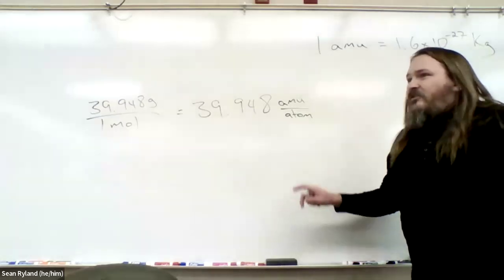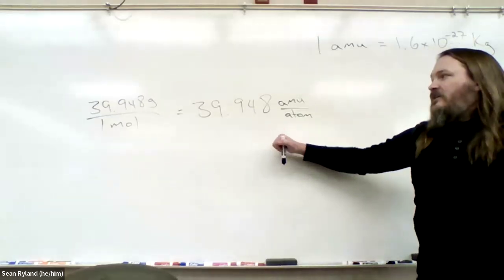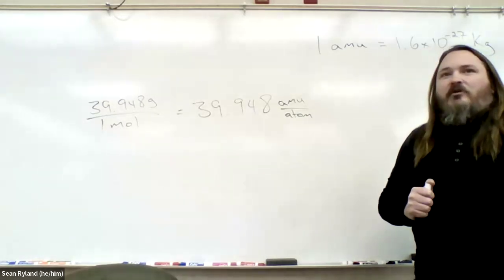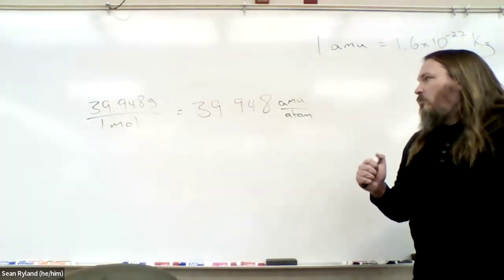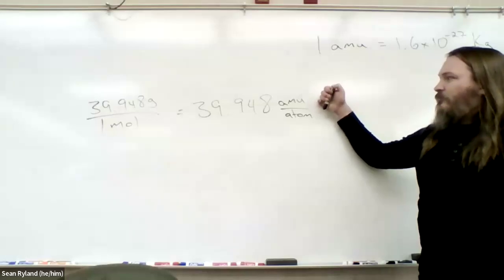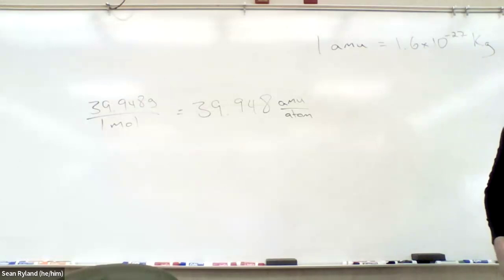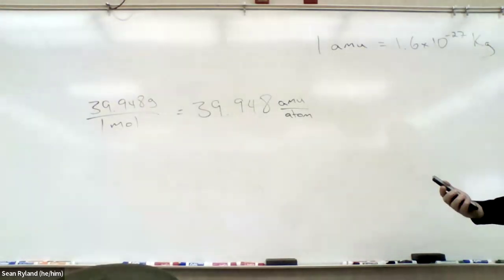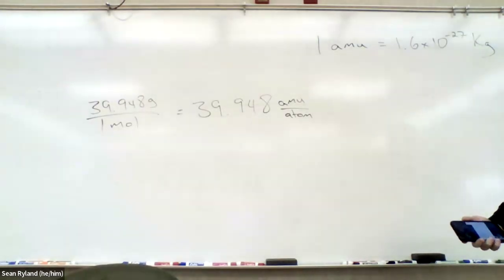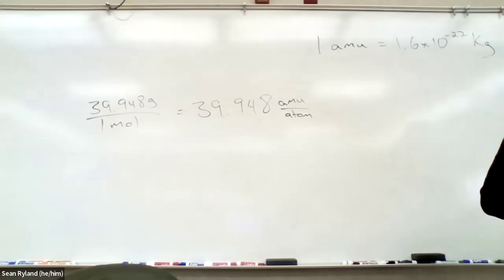All right, so if we're looking at this argon atom, it's got a mass of 39.948 grams per mole, or 39.948 AMU. What does that tell us about how many subatomic particles we have in that argon nucleus or in that argon atom? So let's say we're talking about an argon atom. It's neutral.